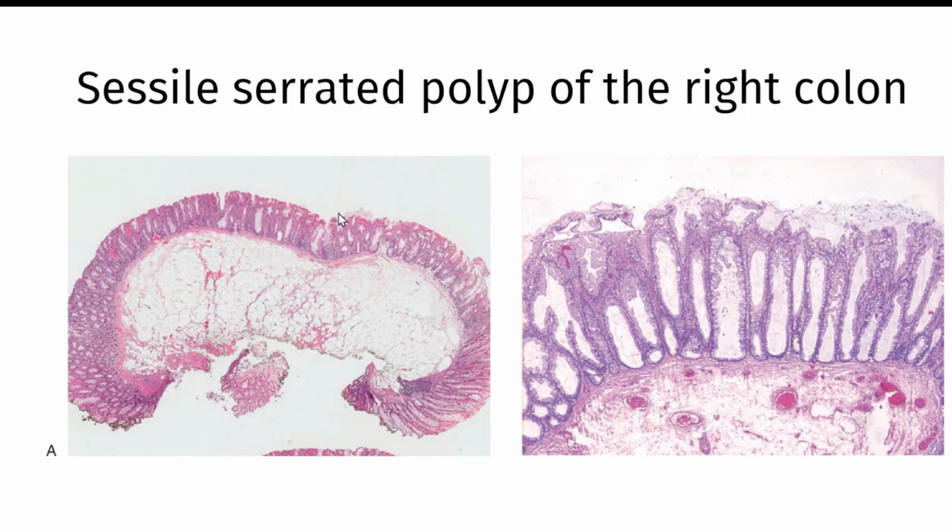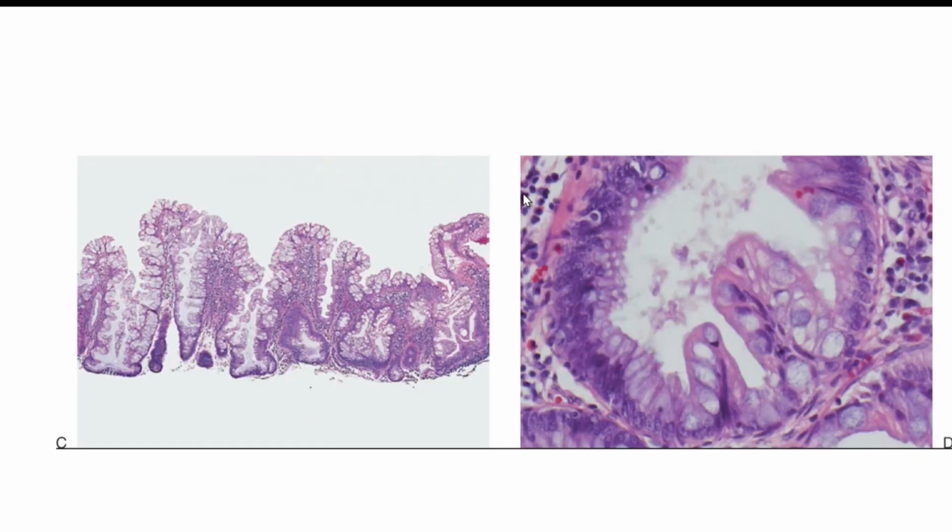But one characteristic feature to make the diagnosis is this dilated crypt, all the way down from the surface to the muscularis mucosae. This crypt is dilated, kind of like a boot shape, some people say. So this is the only feature we want to see if we want to call this a serrated polyp.